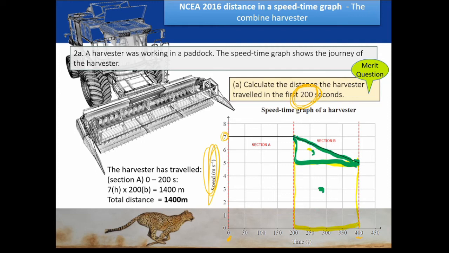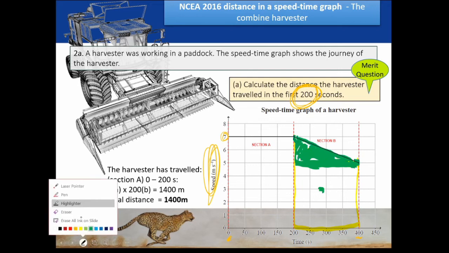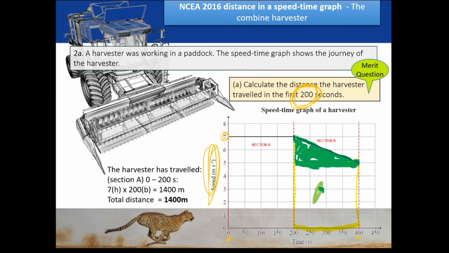Okay, so you just break it into manageable chunks, and that's what I said about coloring it in. It makes it very clear and easy for the brain to understand. Is that a different green? Yes, at least it is a bit. Okay, so there we go. A rectangle and a triangle.